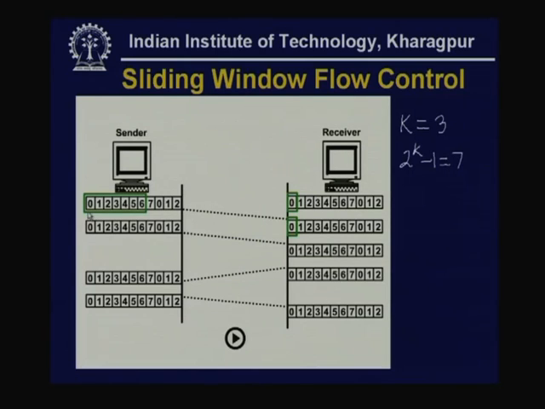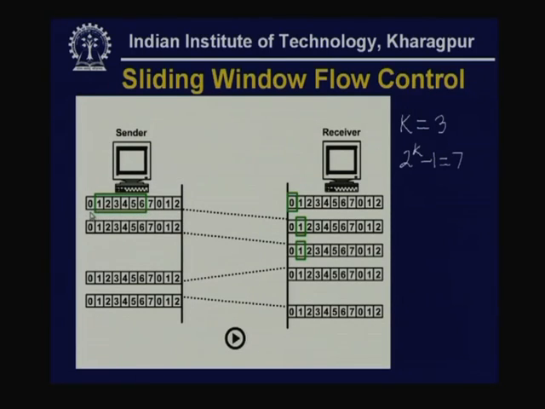Here you can see 0, 1, 2, 3, 4, 5, 6. This is the window at the sender's end. On the other hand, at the receiver's end, the window is only 1. It is now ready to receive frame 0, and the sender sends frame 0. As it sends frame 0, the window shrinks by 1. That means now it has 6 more frames to send, 1, 2, 3, 4, 5, 6.